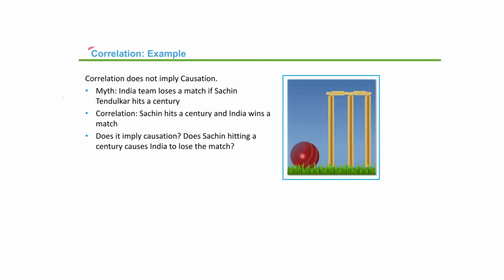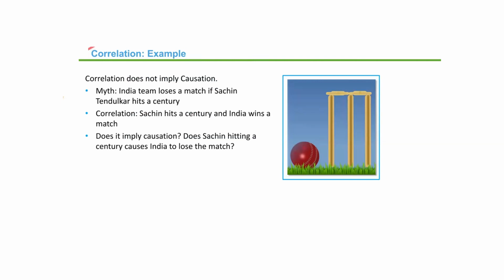If you go back to the example of the English marks students, statistically there is a correlation, but it does not mean causation. Similarly, India loses a match if Sachin hits a century, which means whenever Sachin is hitting a century, India is losing a match. It doesn't mean that if you want India to lose a match, we need to make Sachin hit a century.